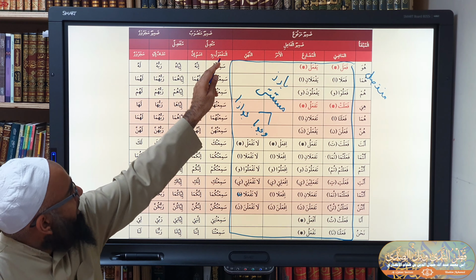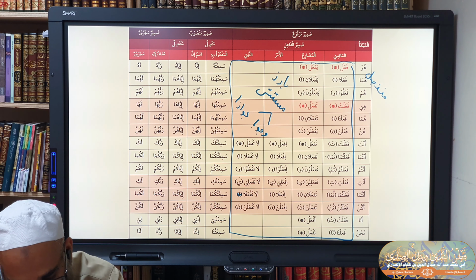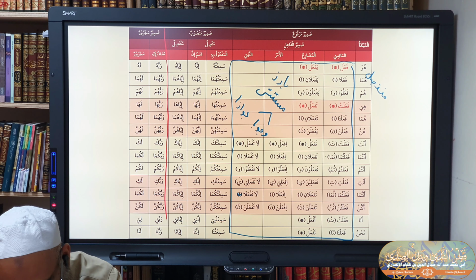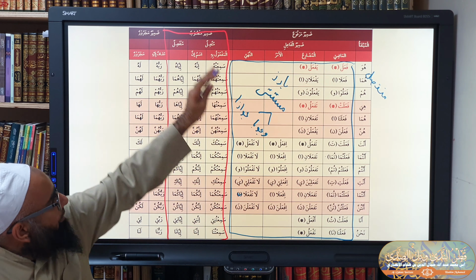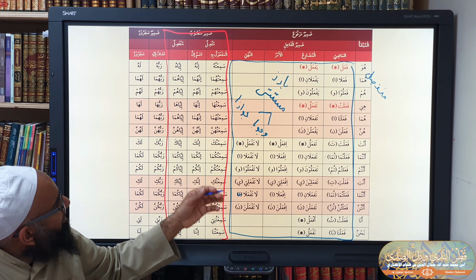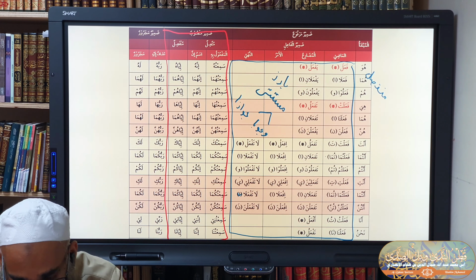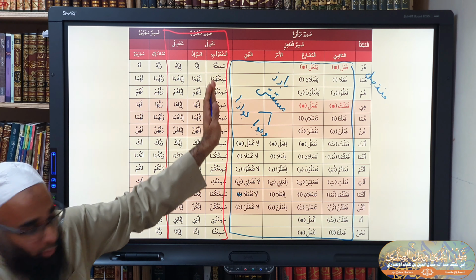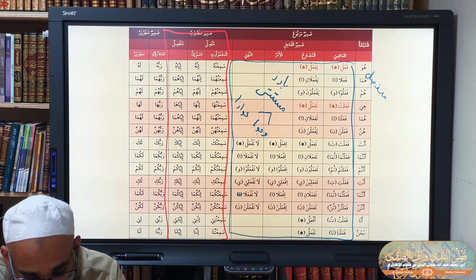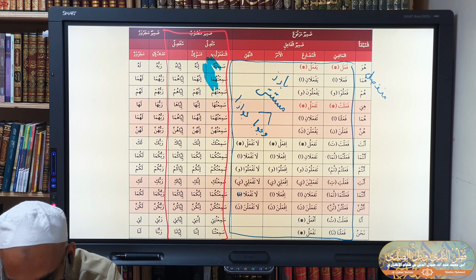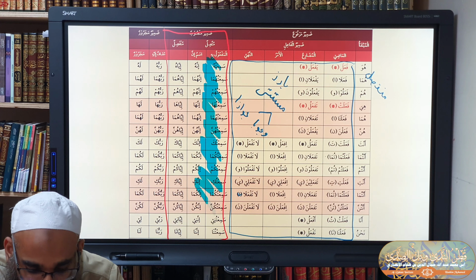We have here zamir mansub. Now if you look at zamir mansub, it either comes as maf'ul bihi, joined to the verb, or it comes as the ism of inna. And in these two cases, what's it going to be? Muttasil.